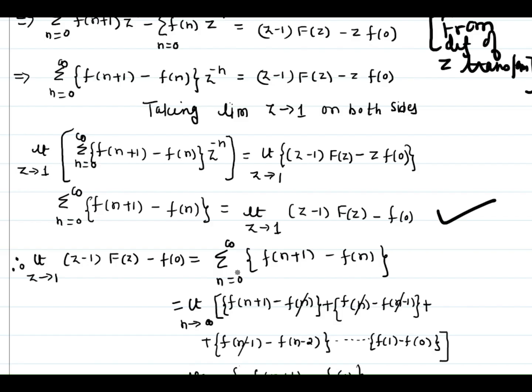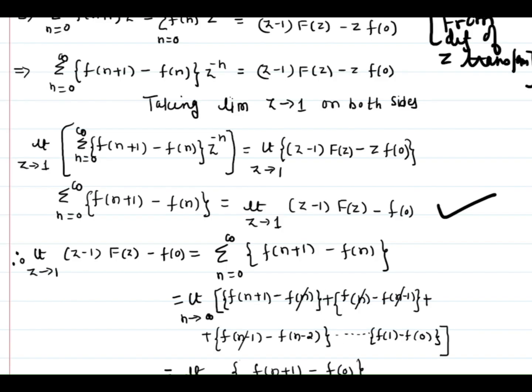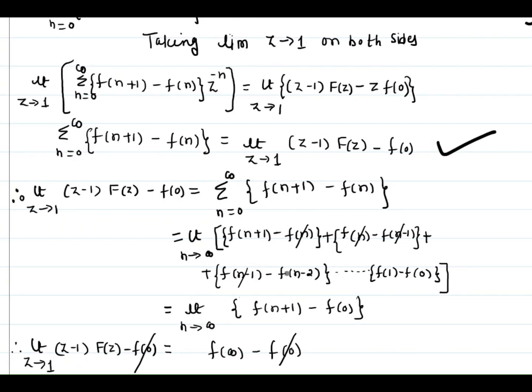Now opening it for n equals 0 to infinity, we can write f(n+1) minus f(n), plus the next value, f(n) minus f(n-1), then f(n-1) minus f(n-2), and the last value will be f(1) minus f(0). So these terms are cancelling, so we have finally limit n tends to infinity f(n+1) and the last value f(0).